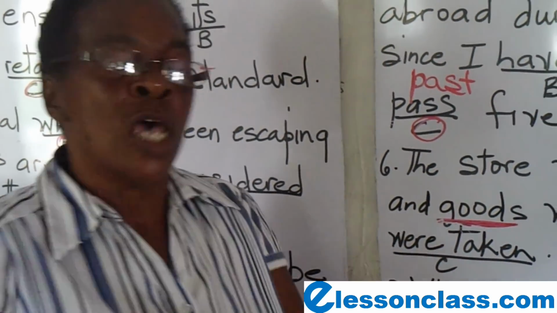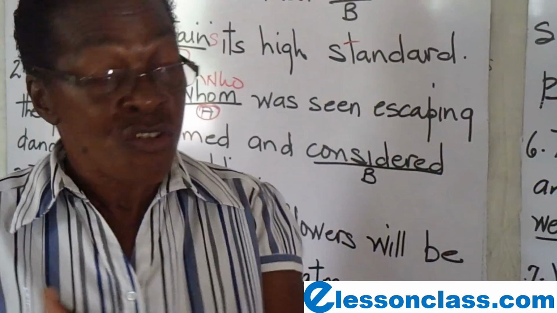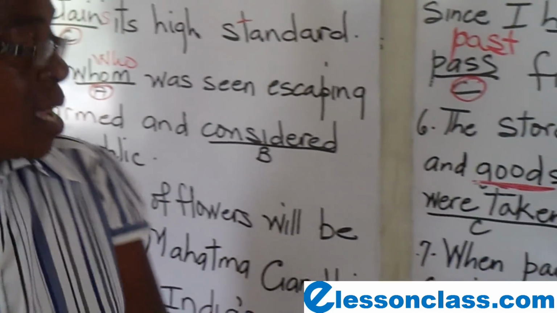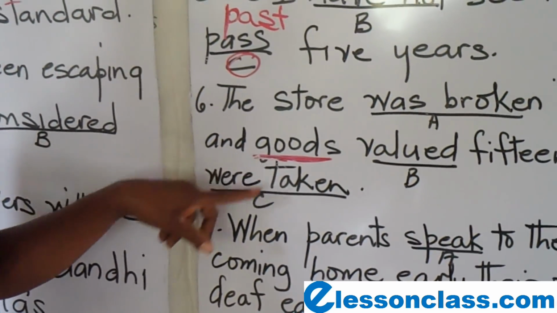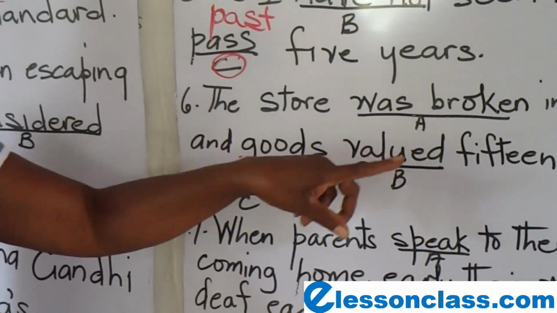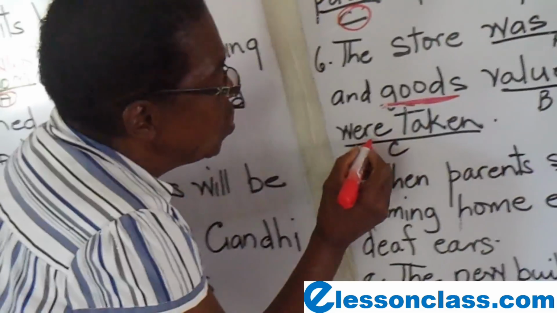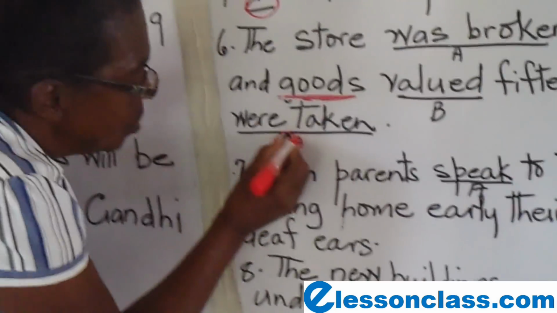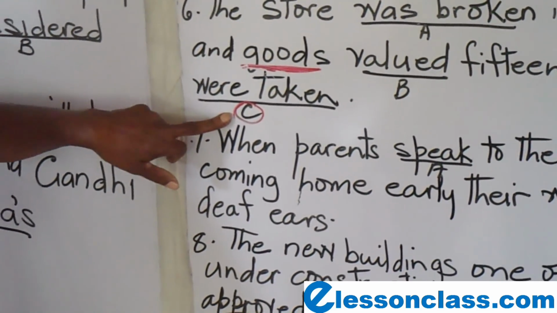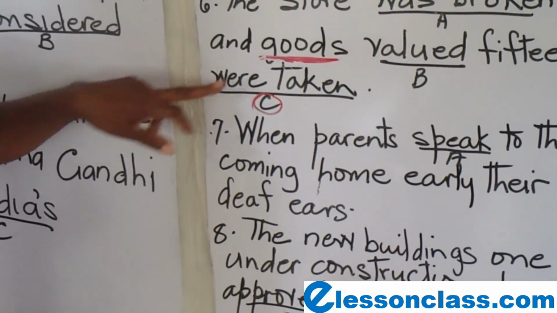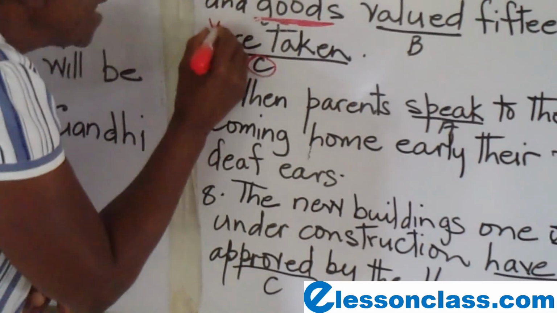So we say the news was read by so and so, not the news were read. The news was read. The same thing applies to goods. Goods valued at 15,000 was taken. So here we would circle C, because instead of saying goods were taken, we say goods was taken.